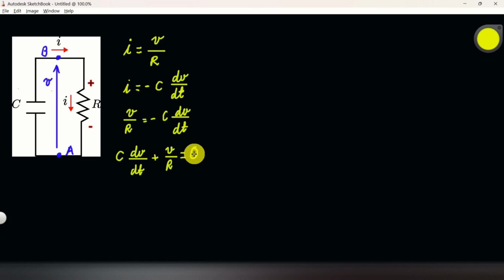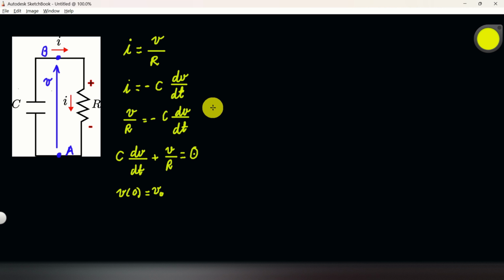This is an ordinary differential equation of the first order describing the dynamics of this circuit. Our goal is to solve this equation for V under the assumption that V of 0 is simply equal to V0.